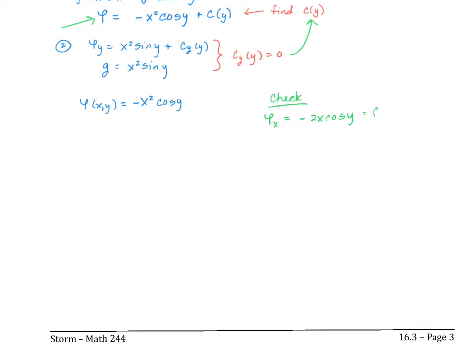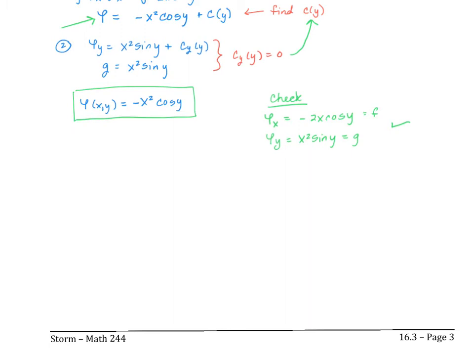That's equal to that f. When we compute the partial derivative with respect to y, it's going to be negative x squared times negative sine y, or x squared sine y. And that's equal to the g component of my vector field. So it checks out, and this is my potential function.